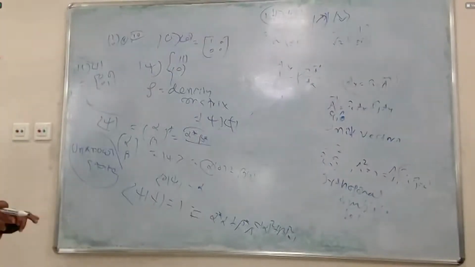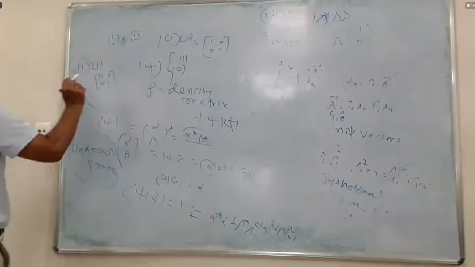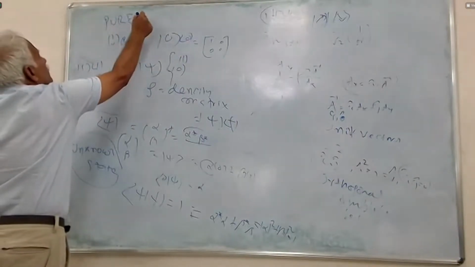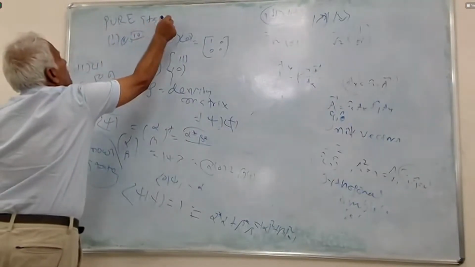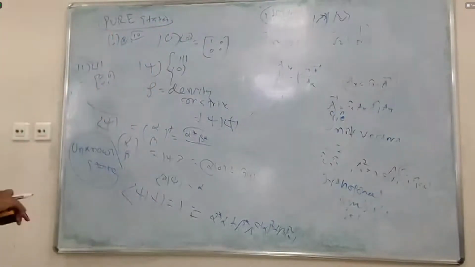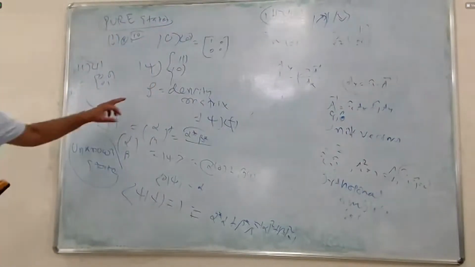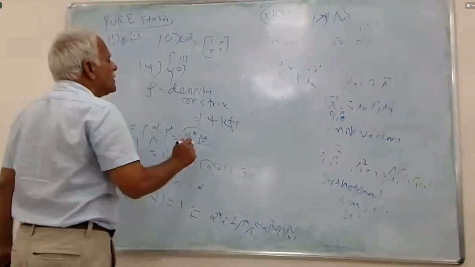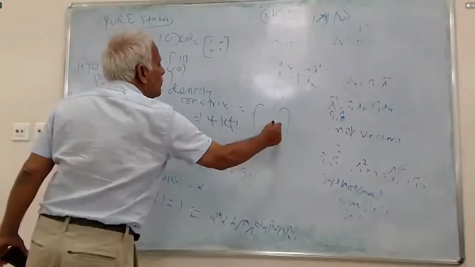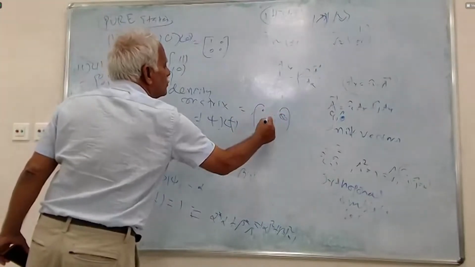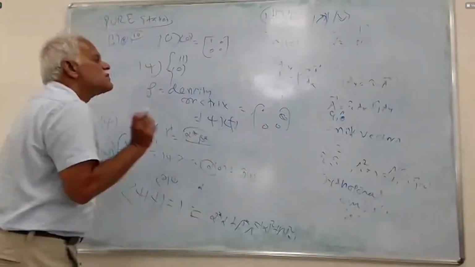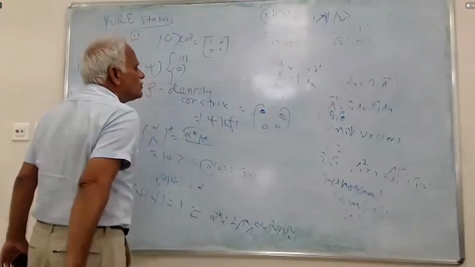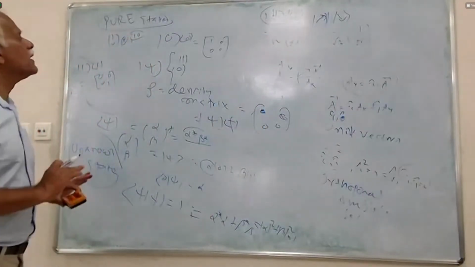They are called pure states. Just language, only one term. You will see more of these things later. These are called pure states. If this object has only one term, in whichever way you diagonalize, finally there is only one term present. That means the rank of the matrix is 1. Then it is a pure state.